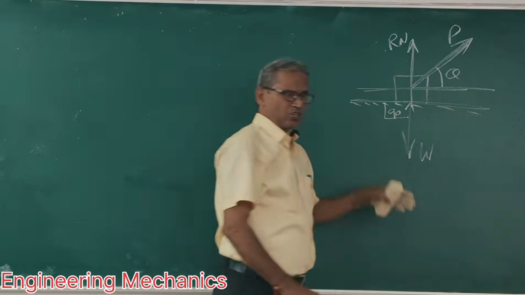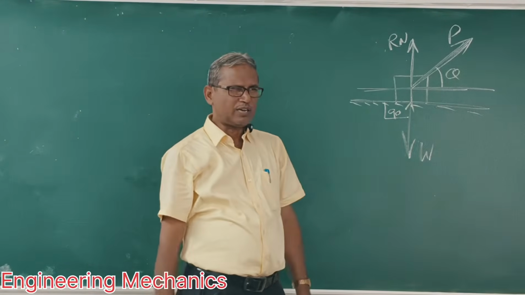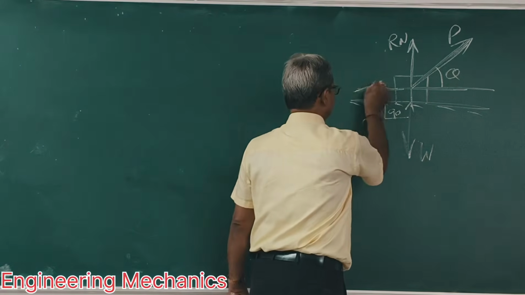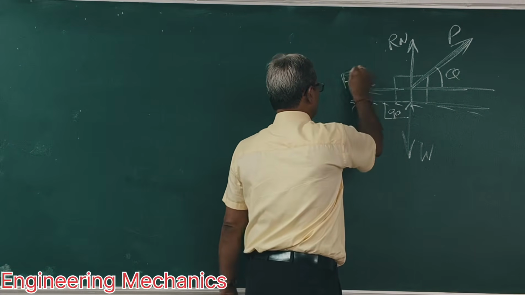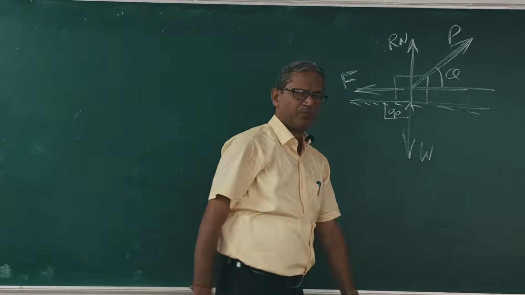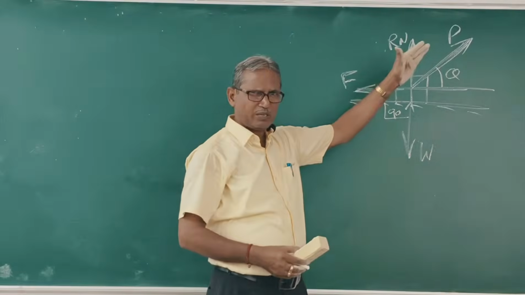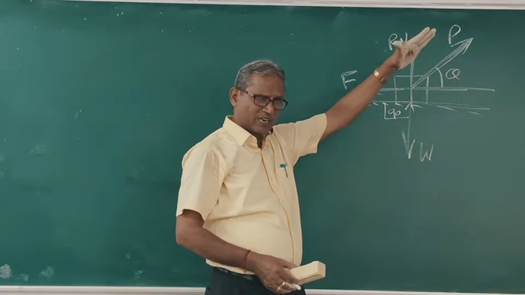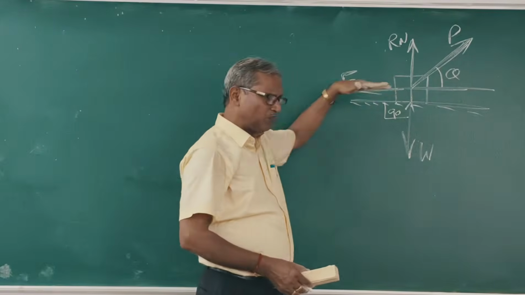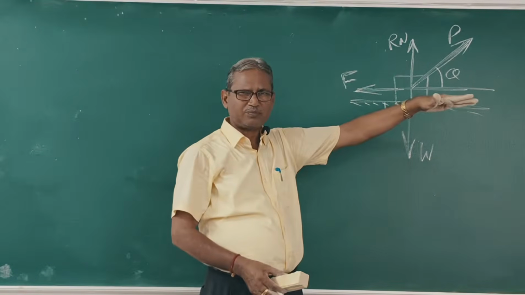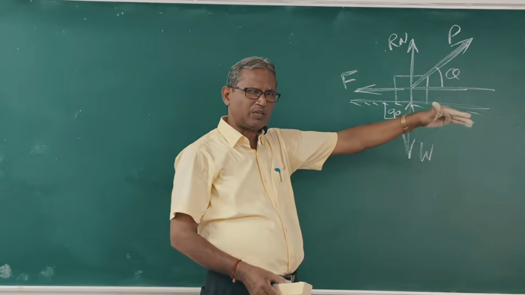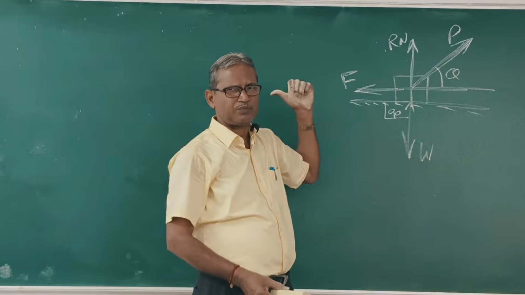At the same time, another force, the frictional force, acts opposite to the motion of the body. When the applied force P is a pulling force towards the right side, the body will move toward that side. So a frictional force F is acting opposite to the motion of the body.